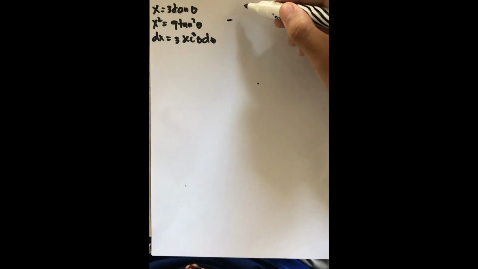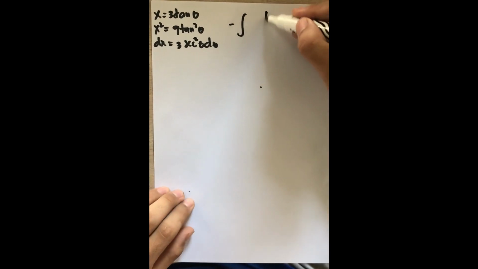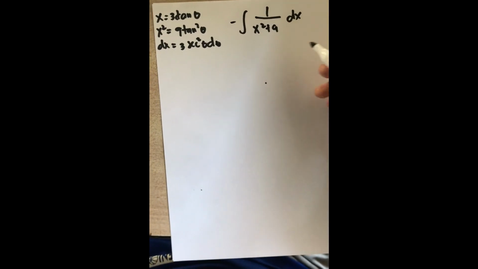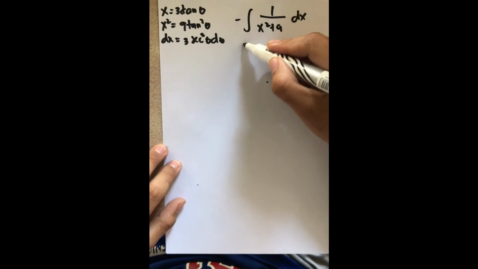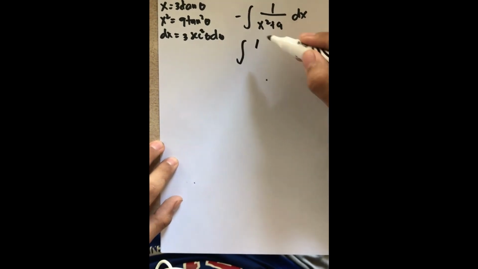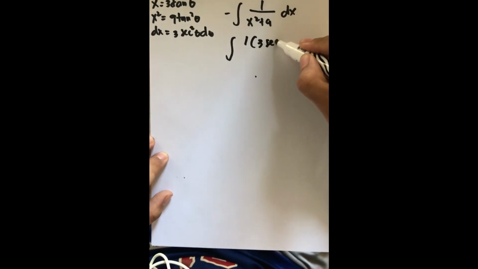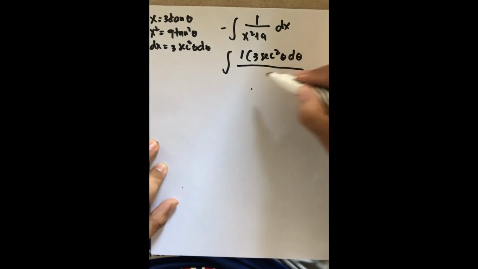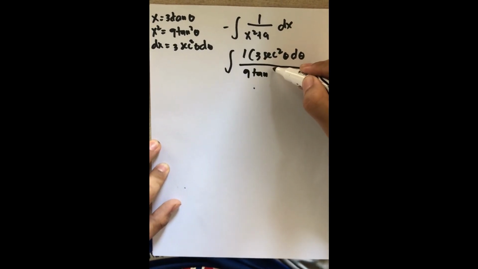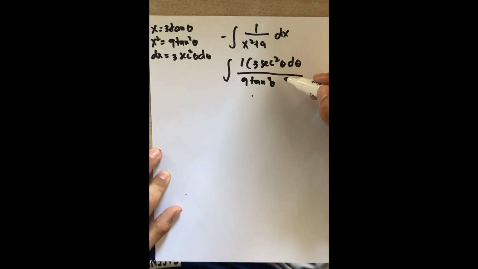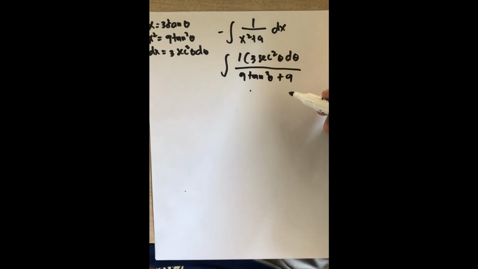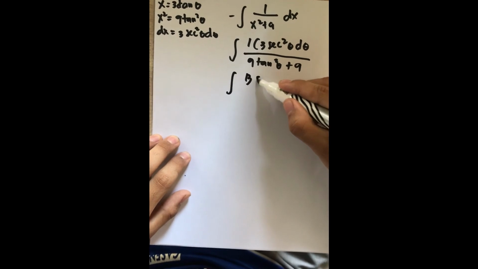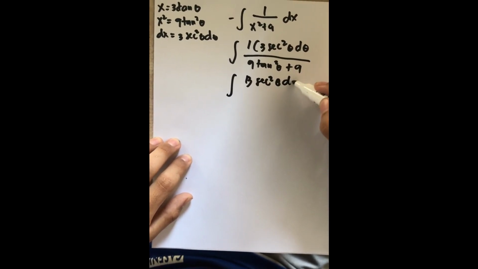Therefore, dx is equal to 3 secant squared theta d theta. Next, substitute. The integration of 1 times dx, the value of dx is 3 secant squared theta d theta over 9 tangent squared theta plus 9. So bring out a factor of 9 in the denominator.